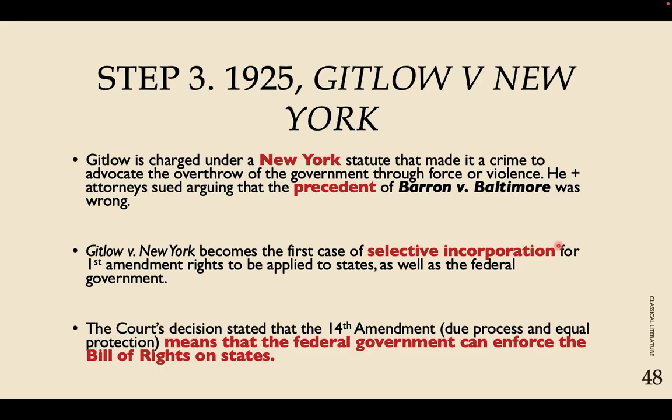Vitale, the two that incorporate both clauses of the religious freedom piece of the First Amendment. And so the court's decision states that 14th Amendment due process and equal protection clauses mean that the federal government can enforce the Bill of Rights on states. So states can't do whatever they want because these things are rights that all people are afforded.